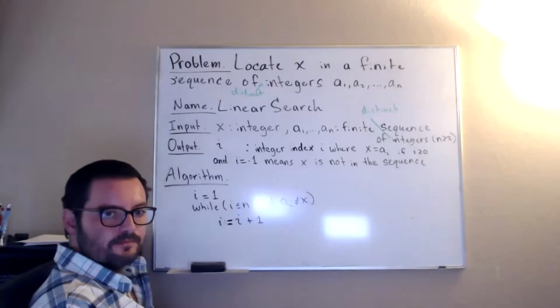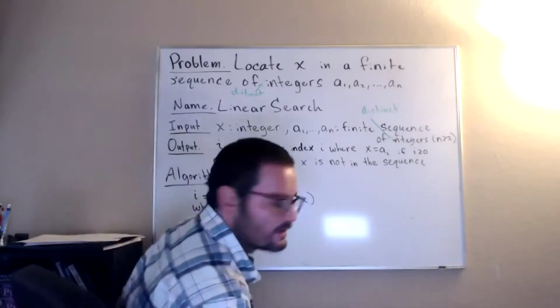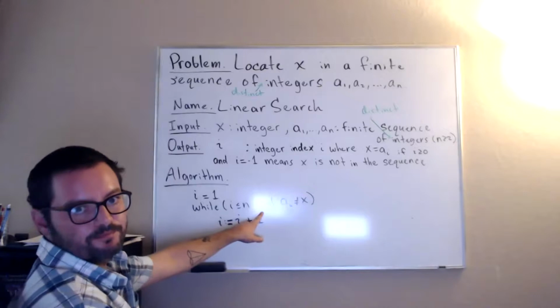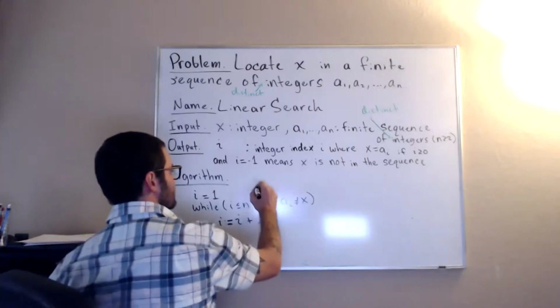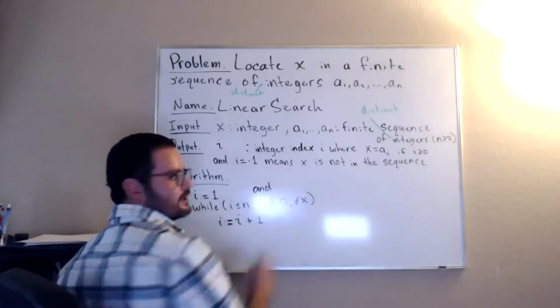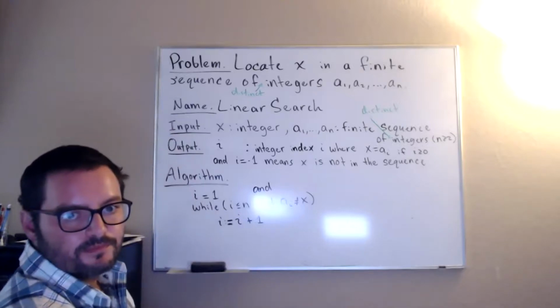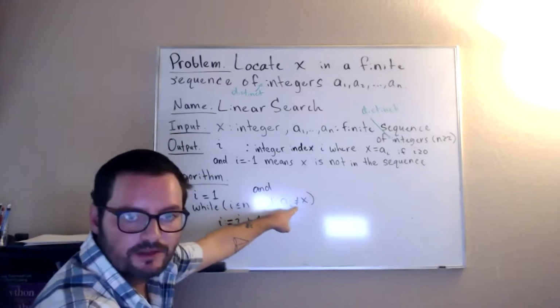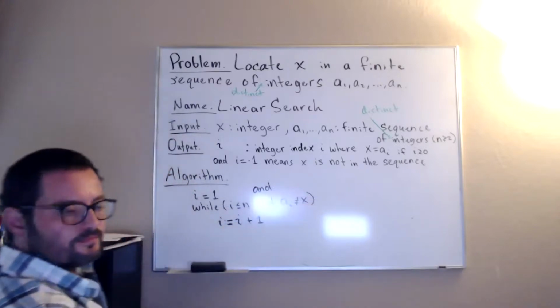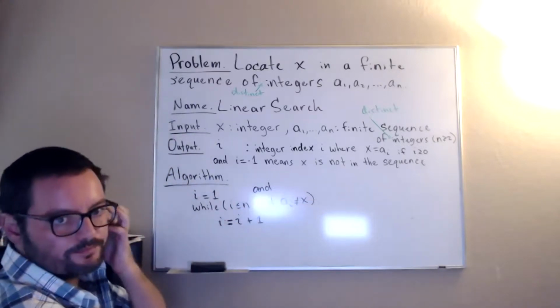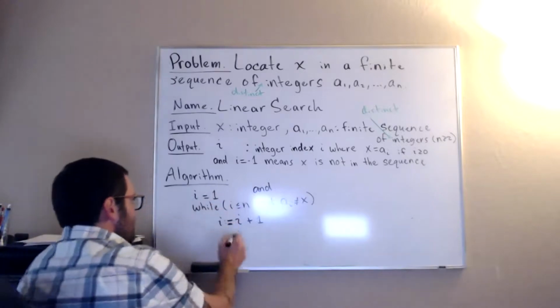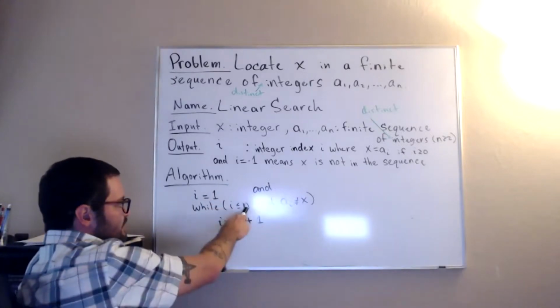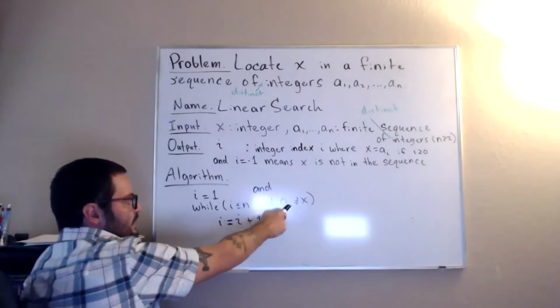Okay. Oh, this says and right here. You can't see it. So while I is less than or equal to n and a sub I is not equal to x, I is equal to I plus 1. So then after this while loop breaks, because eventually we're going to get to either n or we're going to have a sub I equal to x.